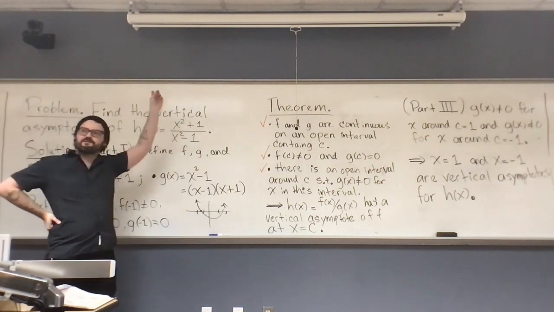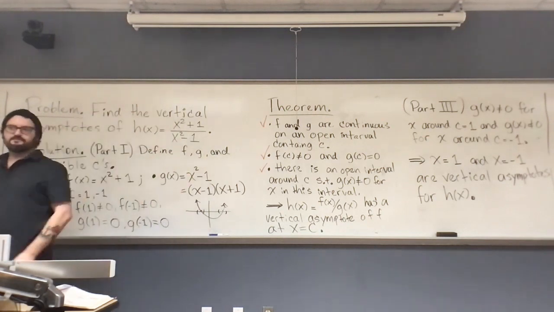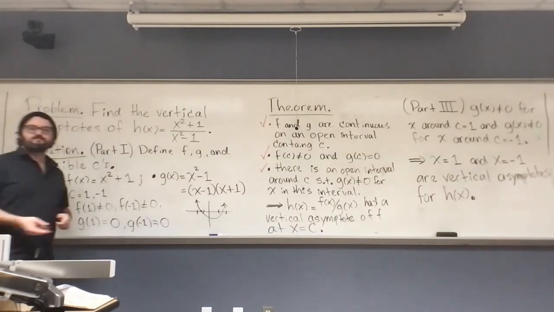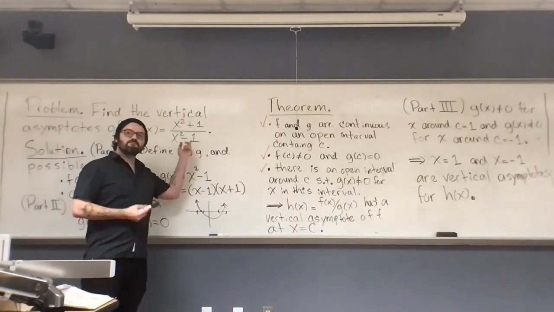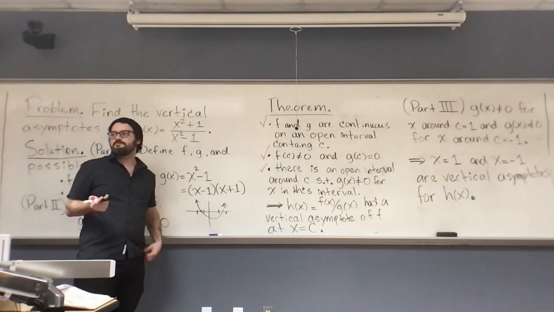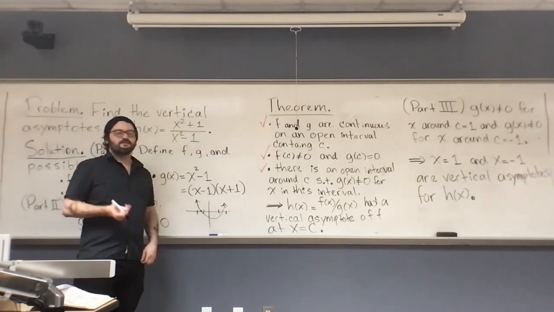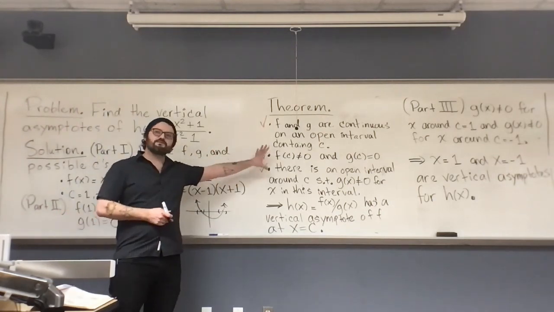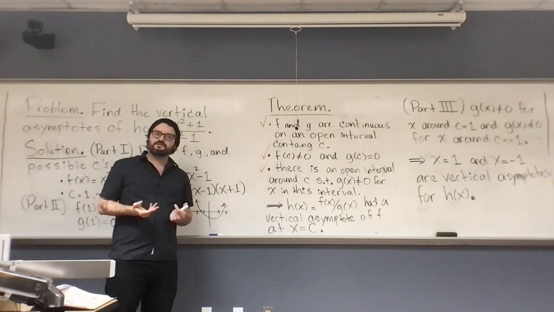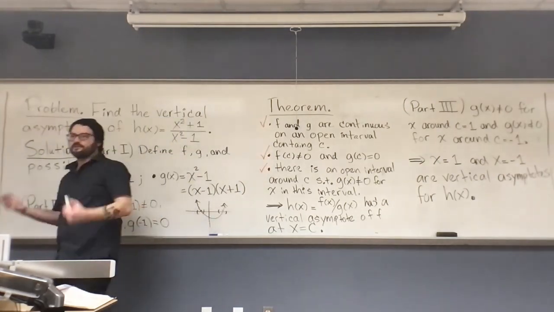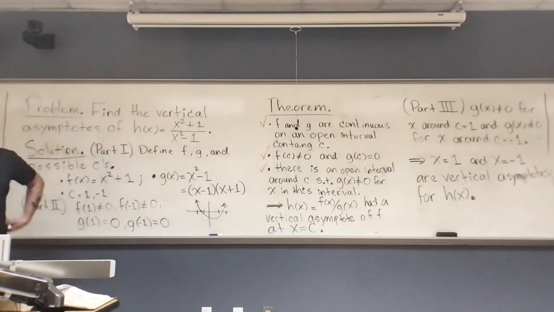Do we have positive infinity or negative infinity on either side of it? Where does the function go? If this blows up, that's a vertical asymptote. This is just a procedural way of guaranteeing it with the theorem, but if you investigate it by looking at the limiting process, you should find the correct answers. There are two different ways to do this.